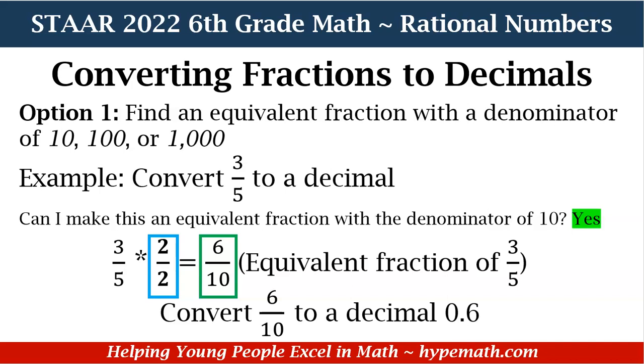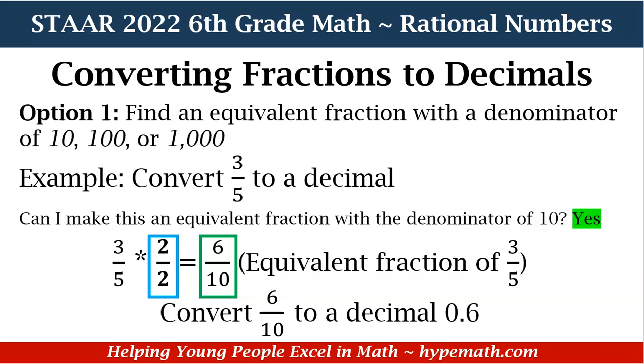So 2/2. Now let's multiply. 3 times 2 is equal to 6. 5 times 2 is equal to 10. So the equivalent fraction of 3/5 is 6/10. Now we can convert 6/10 to a decimal, which is 0.6.